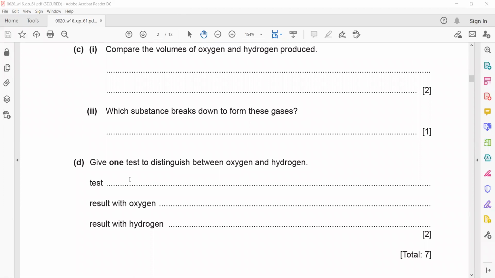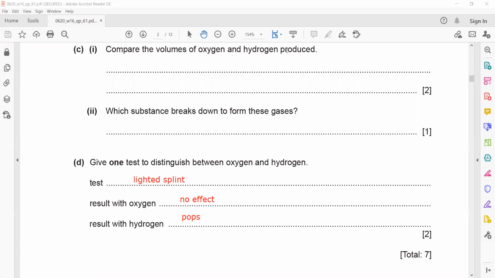If you mention a lighted splint, it has no effect with oxygen, or it will pop for hydrogen.